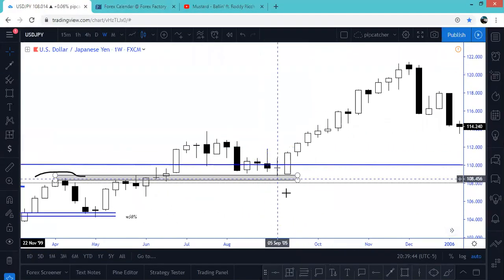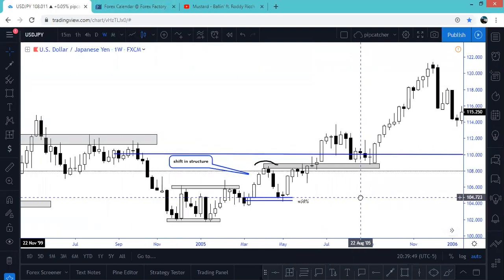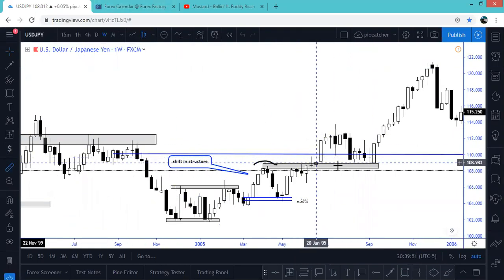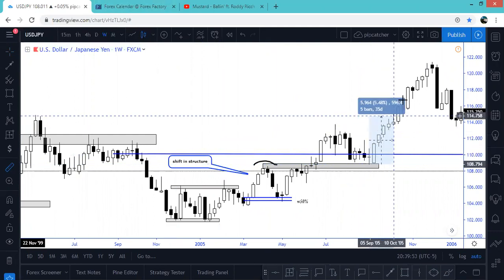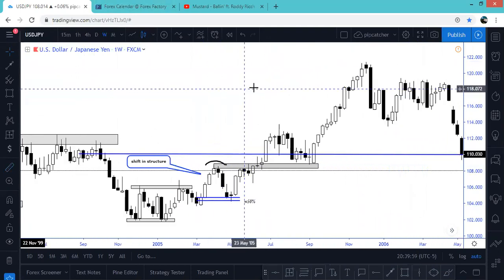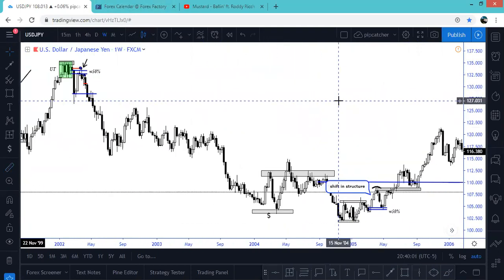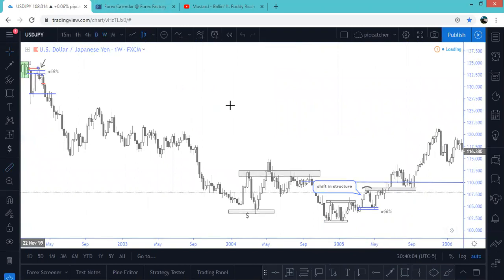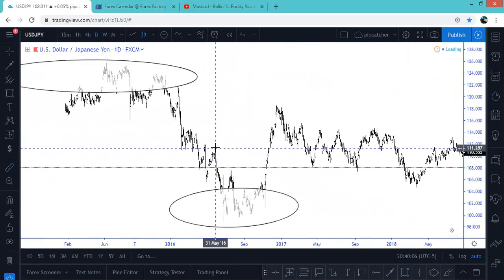You see how it just barely tipped that? That's crazy, huh? And look at this, we flew 1200 pips basically. So let's go down to the daily in this area.